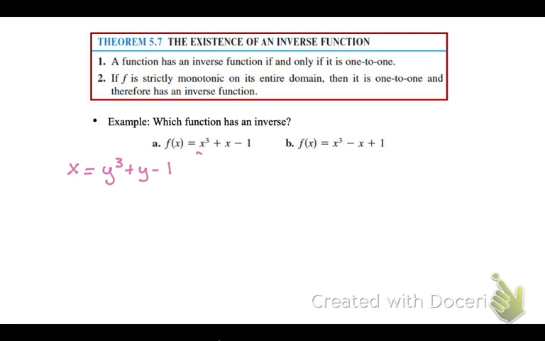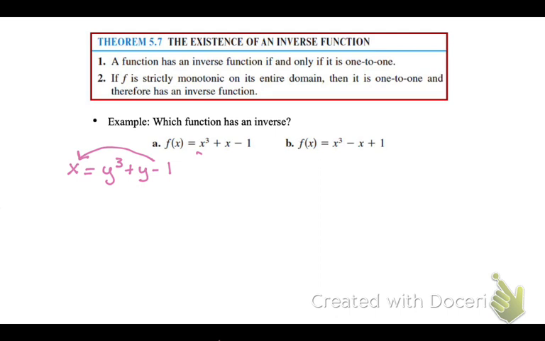So how do you think we're going to go about that? Well, can we reduce? No. Do you think we should move the 1 over here? Okay, so I have x minus 1. Well, that's not going to work, because I have to factor it, don't I?